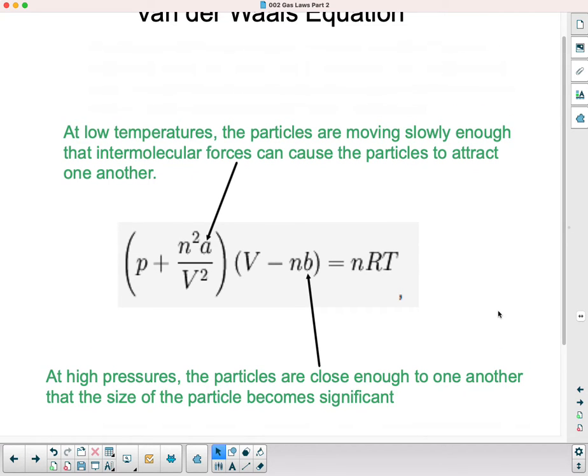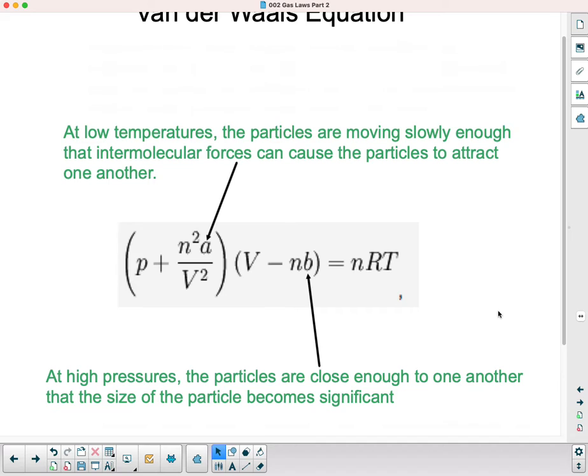What the van der Waals equation does is it basically makes a correction for the other factors that are an issue. So in place of pressure in the ideal gas law, you use pressure plus n squared times a over V squared, which is basically accounting for the fact that the particles are beginning to attract to one another.